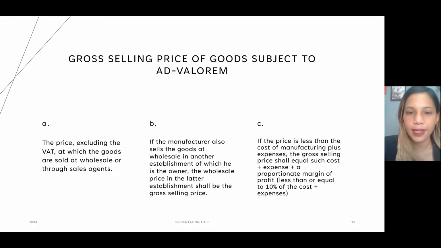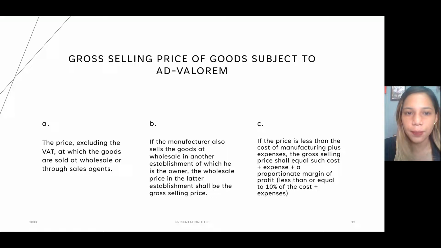Lastly, if the price is less than the cost of manufacturing plus expenses, the gross selling price shall equal such cost plus expenses plus a proportionate margin of profit, which is less than or equal to 10% of the cost of expenses. Now, these are the selling prices which are subject to ad valorem tax.